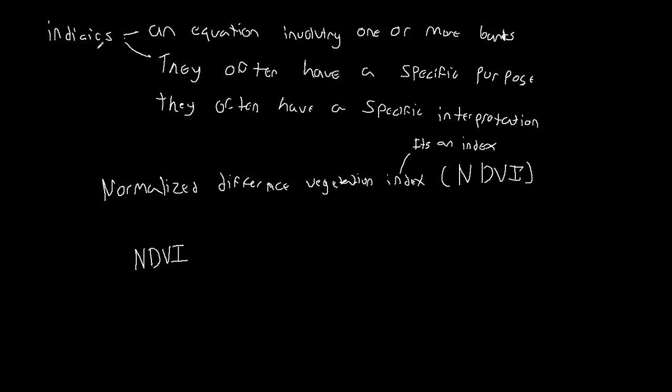It's one of these things that we've called an indice. Vegetation, because its purpose is vegetation. The specific purpose of NDVI revolves around the idea of vegetation. So it's an index with the purpose of vegetation.